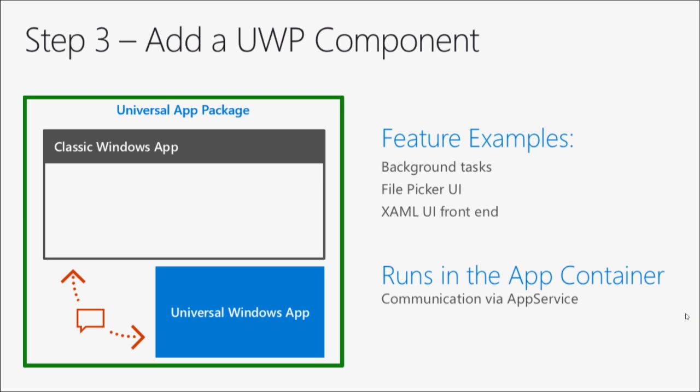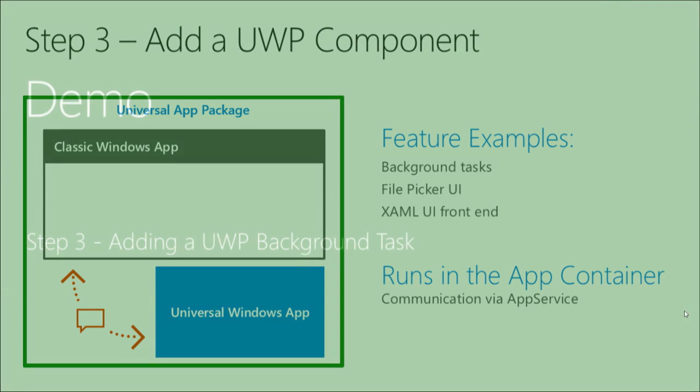Because of that, if there's something that has to happen that's going to be running in your other process, your desktop process, you'll have to use a communication mechanism. And we've built one for you. It basically leverages the app service functionality that we already have in the platform, which allows a bidirectional connection-based message passing scheme. And so you can go ahead and do that.